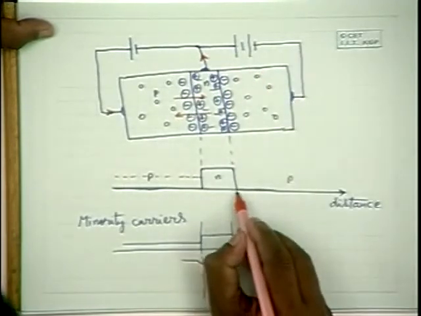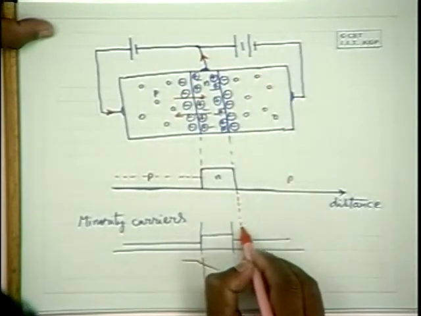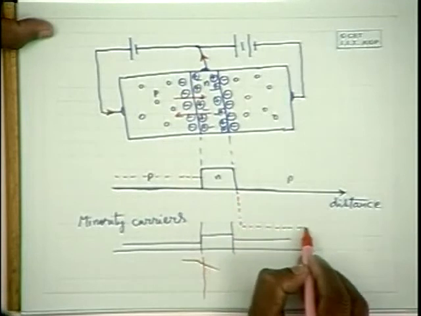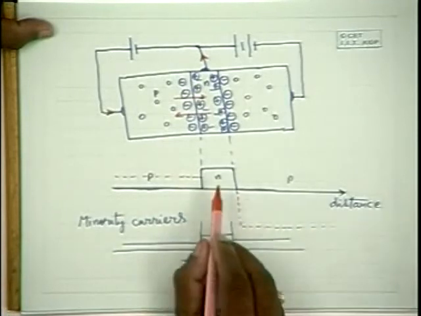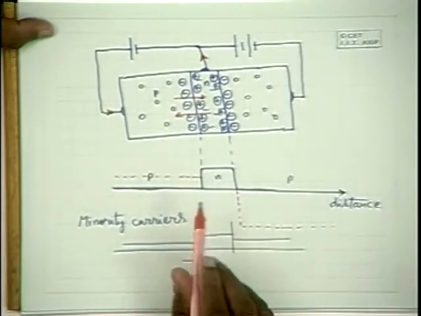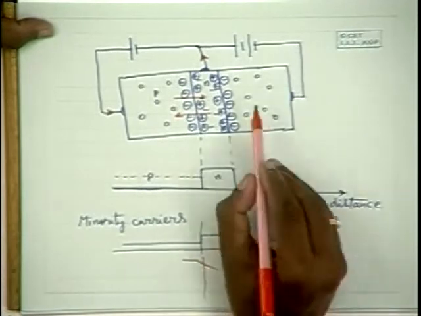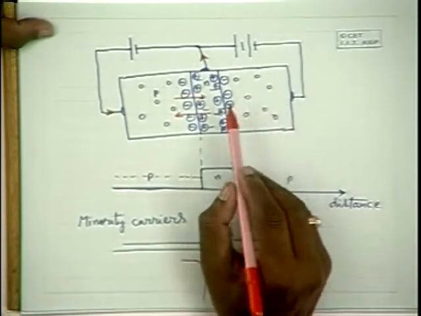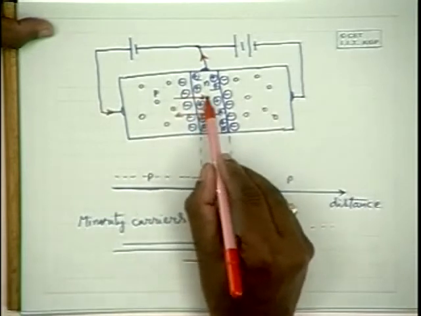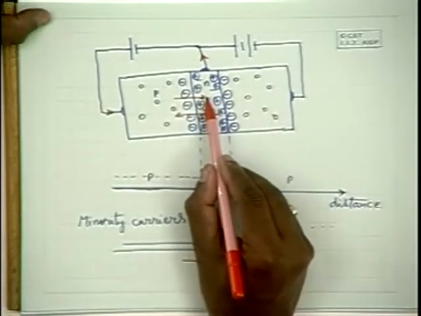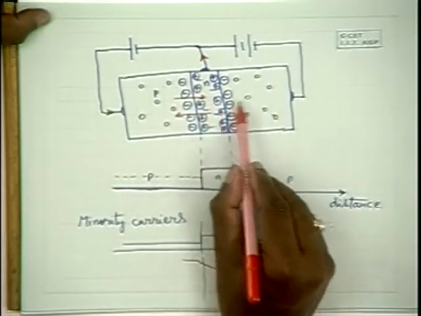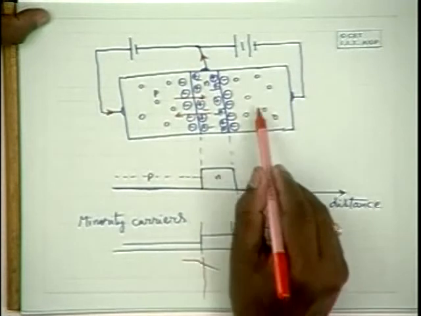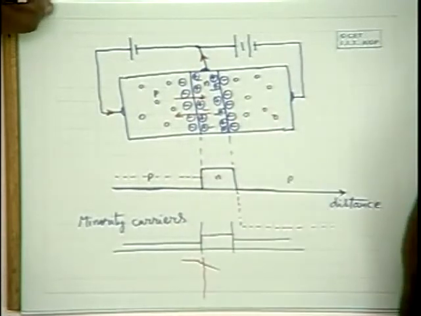As a result, this p side has a potential which is very low compared to the base potential. So because of this negative potential on the p side, the holes which are injected into the base get accelerated or drifted into the collector p side.